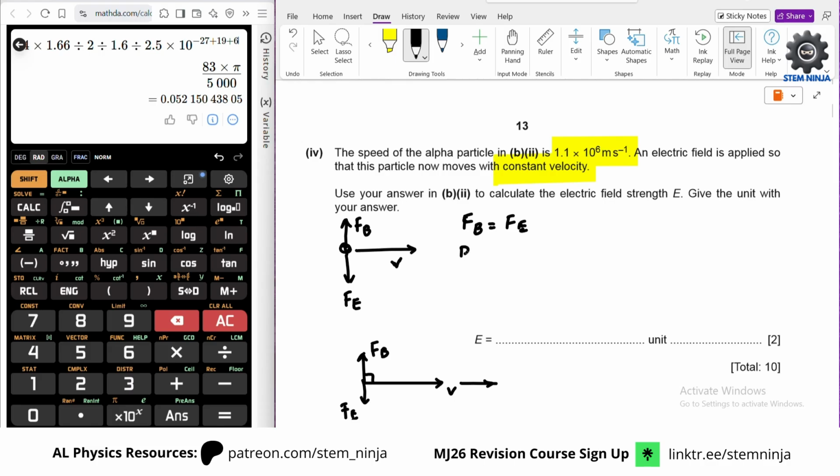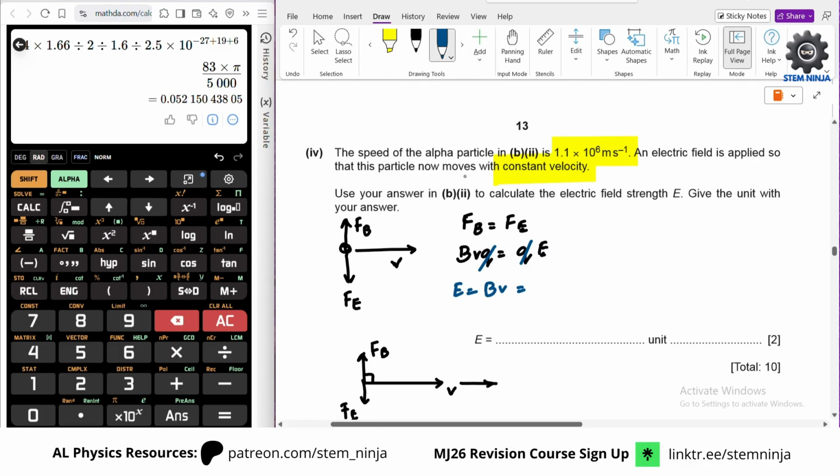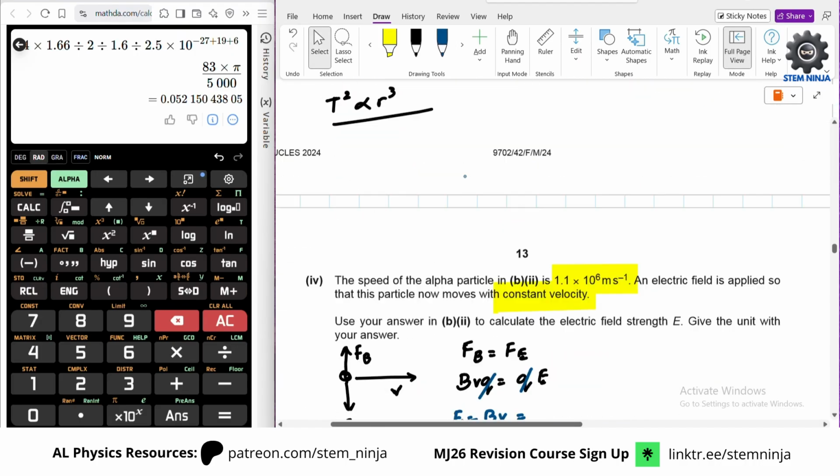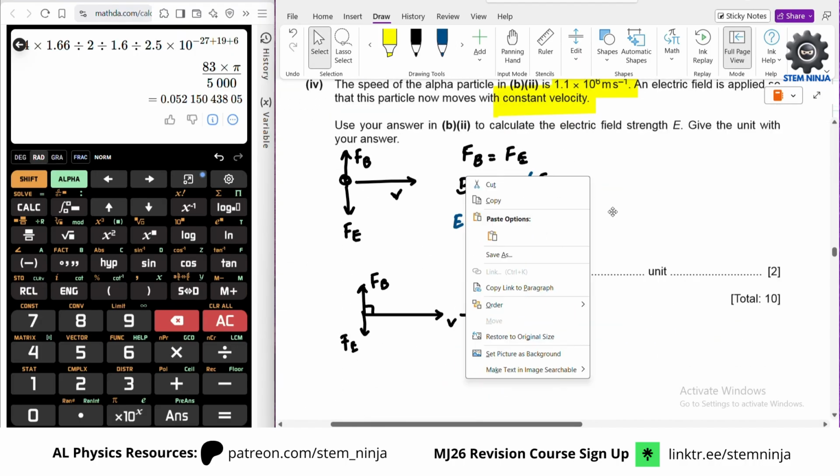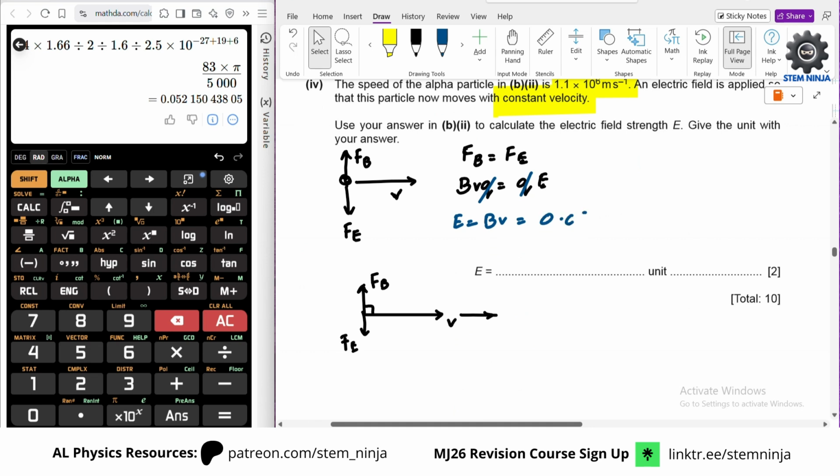So BVQ equals QE. So Q will get cancelled. So E would be equal to BV. B, we found to be 0.052, times the speed 1.1 times 10 raised to the power 6.